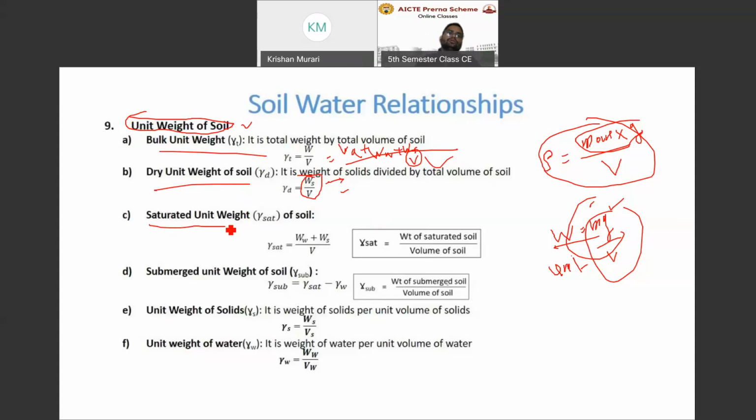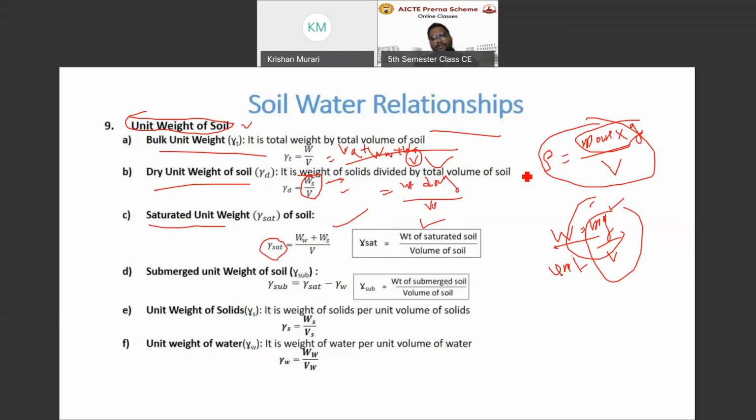So in case of saturated soil, the total weight of soil is the weight of the water plus weight of the solid upon my total volume. We can also write it as weight of saturated soil upon volume of soil.